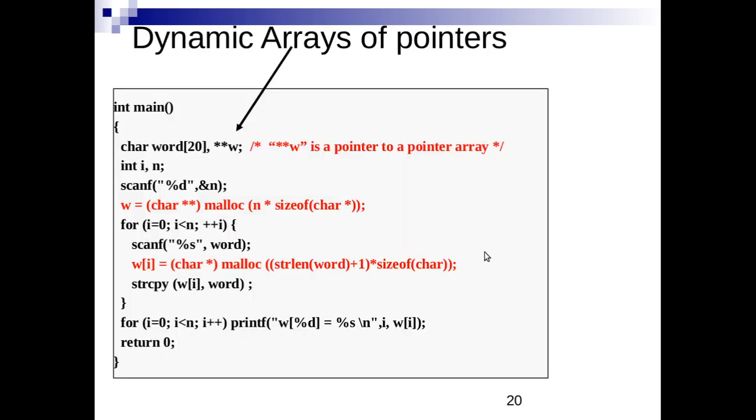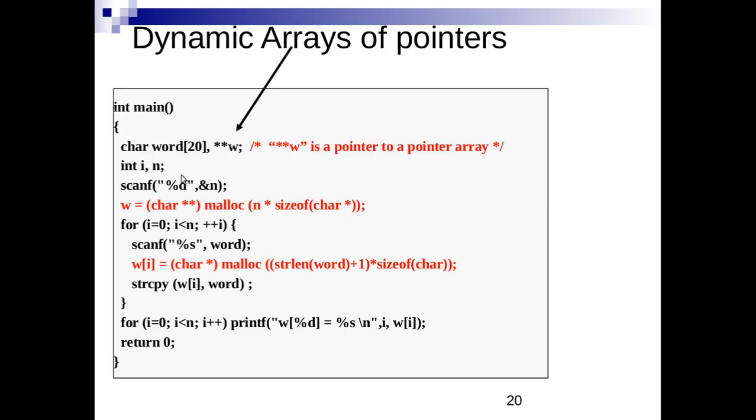We will use pointers to pointers to create dynamic arrays. So we will write the same program that we wrote using static arrays of pointers by using dynamic arrays of pointers. So we declare w to be a double pointer, character double pointer, char star star w.